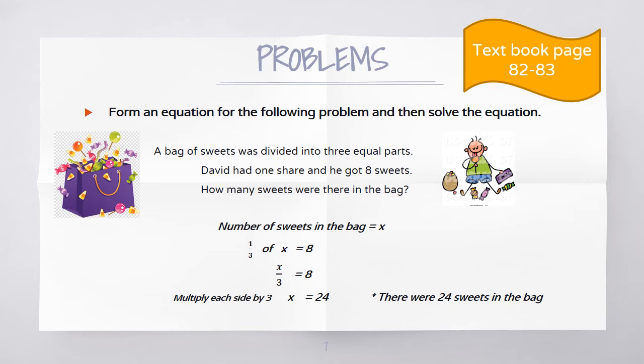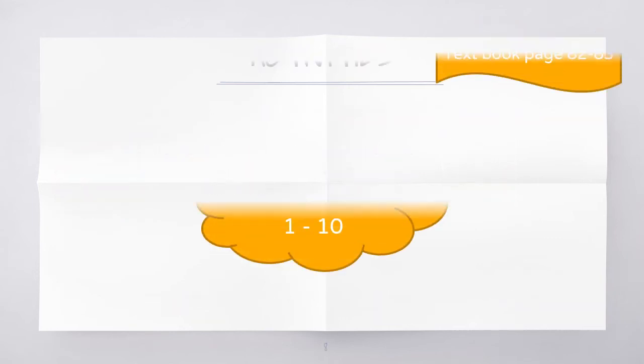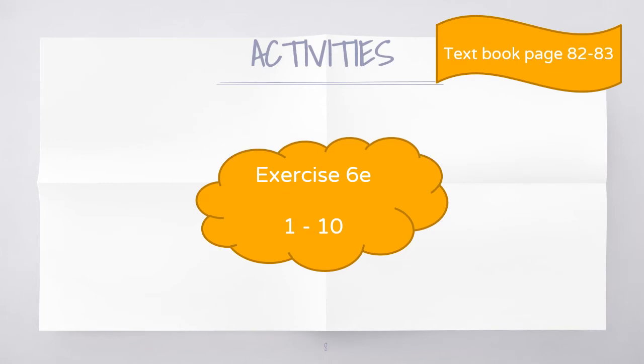Multiply each side by 3, then you are getting the answer for x as 24. There were 24 sweets in the bag. Children, now you can complete exercise 6E 1 to 10 questions given in the textbook page 82 to 83.